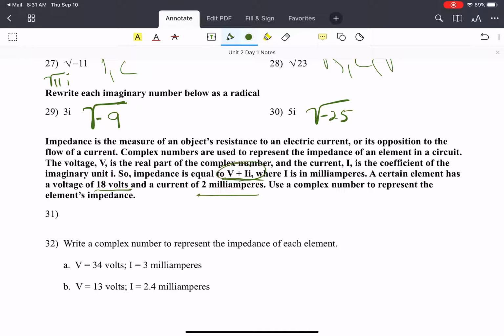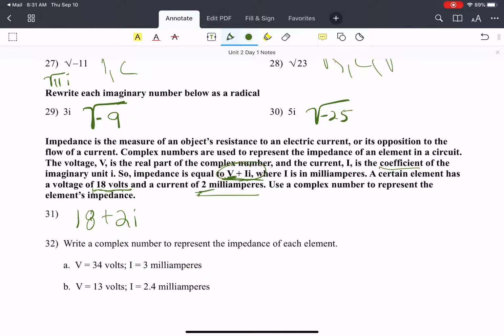Anybody have any guesses? Come on, Dakota. Just 2i? Yes, 18 plus 2i. The 18 is the volts, and the 2 is the current. And remember, we learned last unit what a coefficient is. That's the number in front of that variable, and our variable was i.